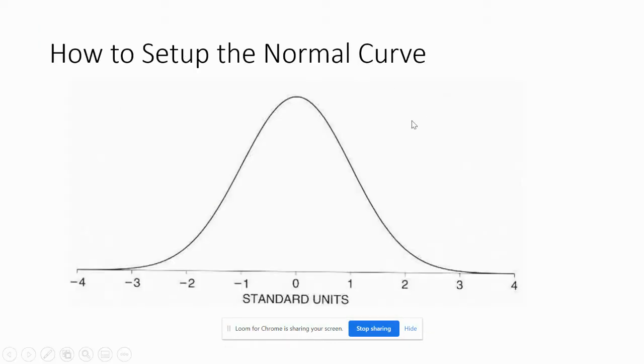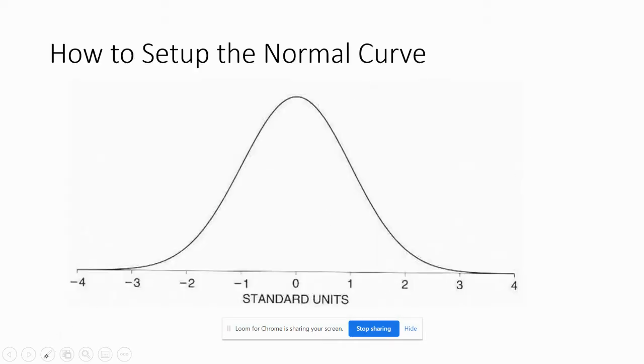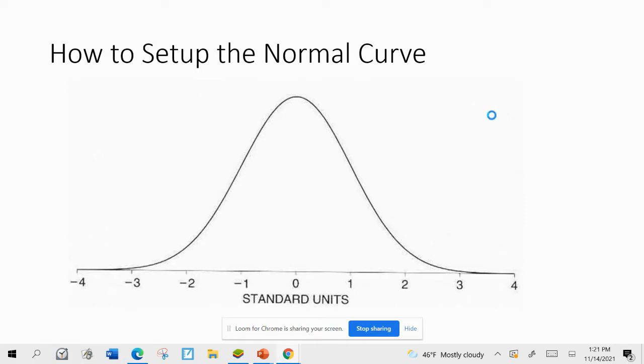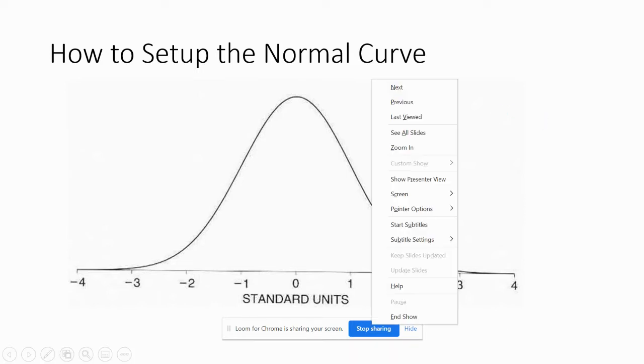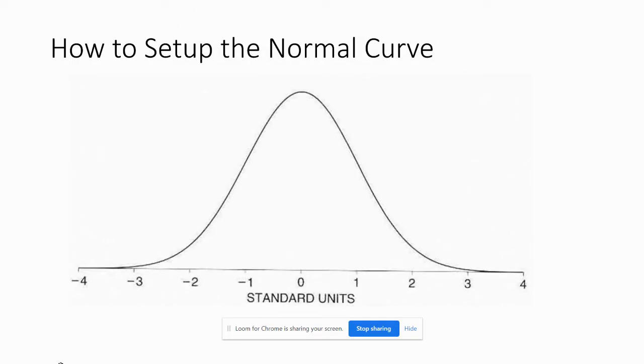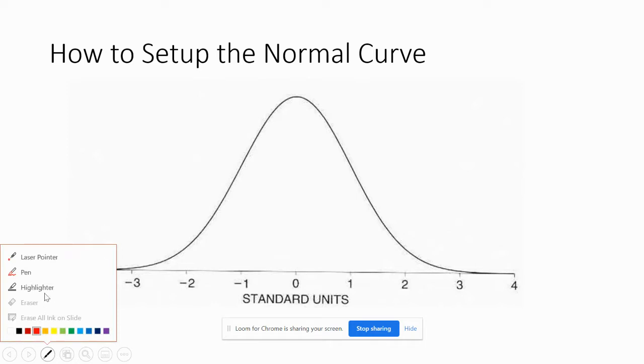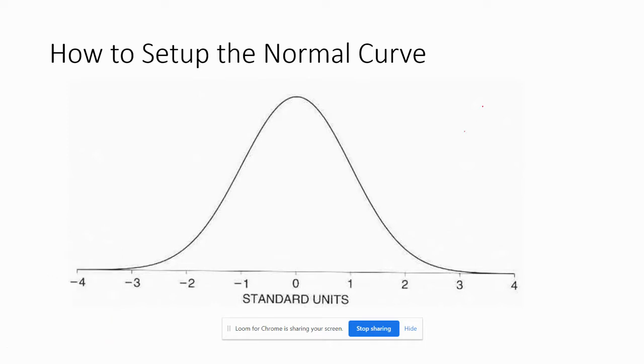Okay, so let's go over first how to set up the normal curve. So imagine you had a mean, the Greek letter mu, of 7.